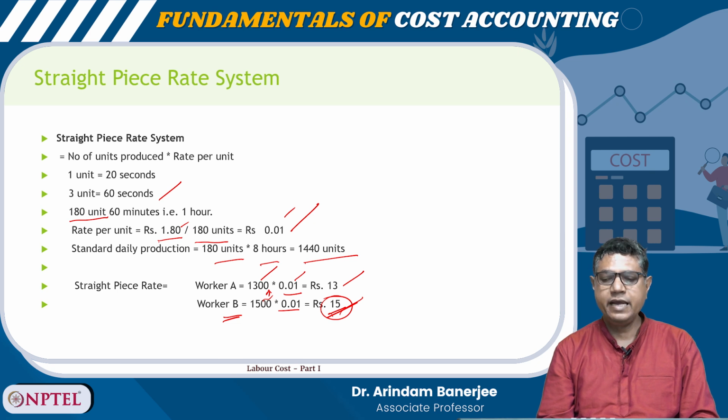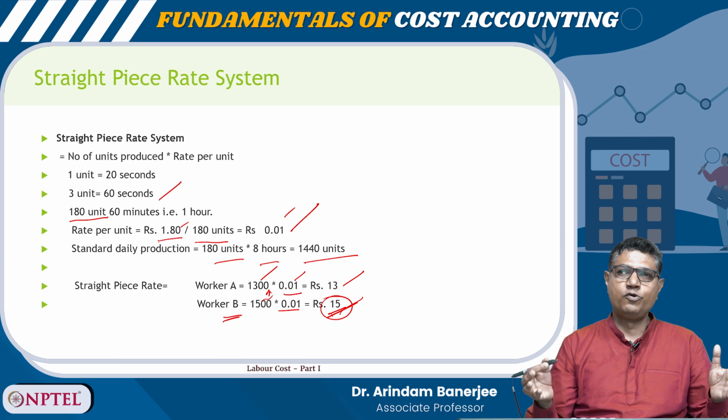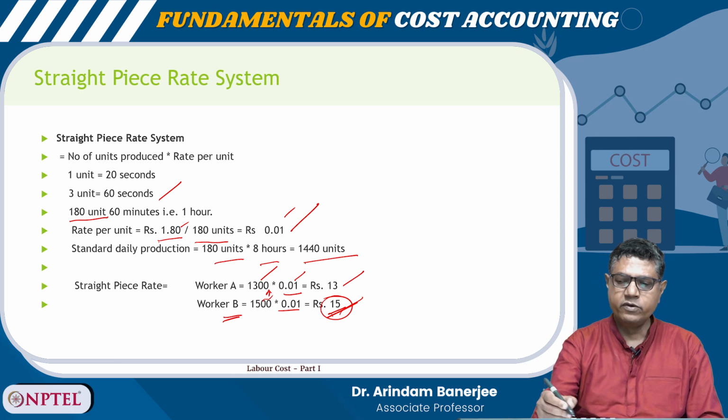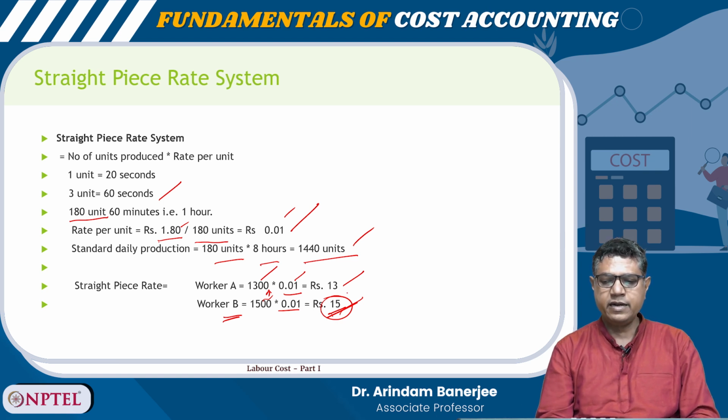Standard daily production we can calculate if we assume the total number of hours worked in a day is 8 hours: 180 units into 8 hours, 1440 units. So, straight piece rate for A is 1300 into 0.01, that is 13, and worker B is 1500 into 0.01, rupees 15. So, this is the straight piece rate.